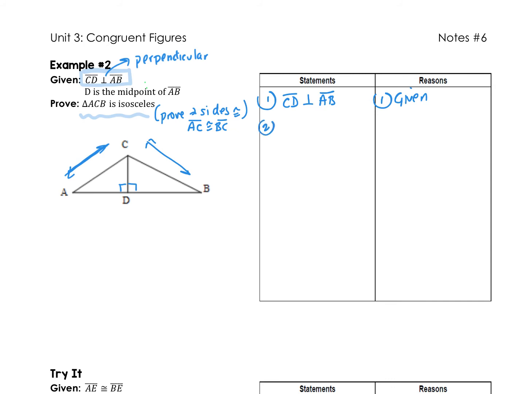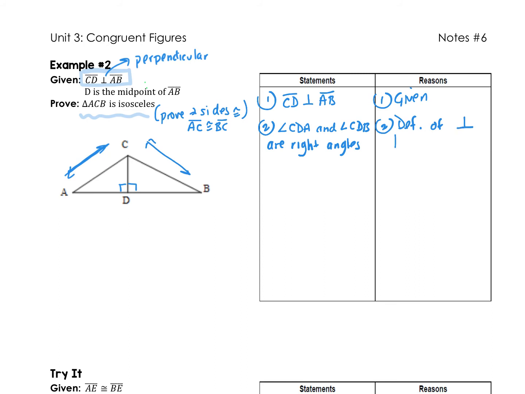So in line 2, we're going to identify angle CDA and angle CDB as right angles. And when you go to write your statement in given, how we know that is by definition of perpendicular lines.